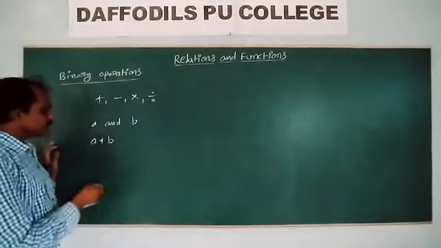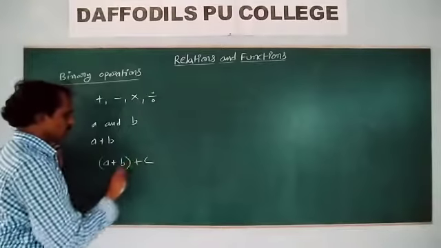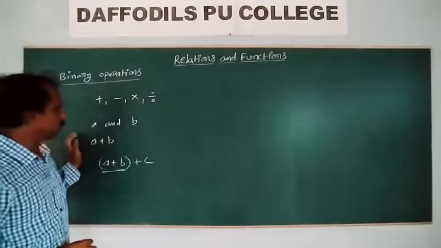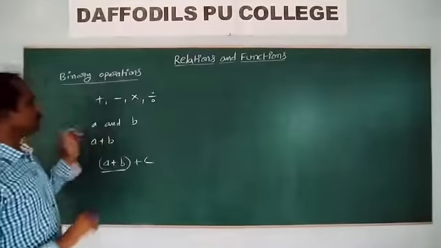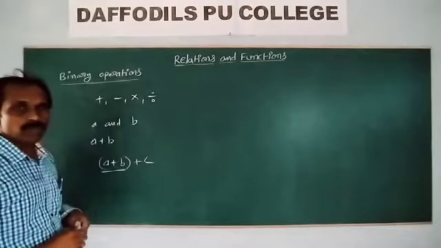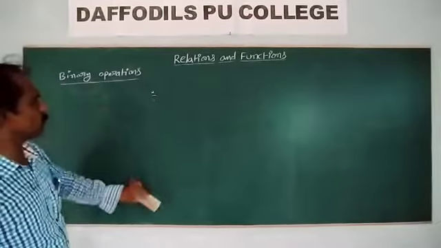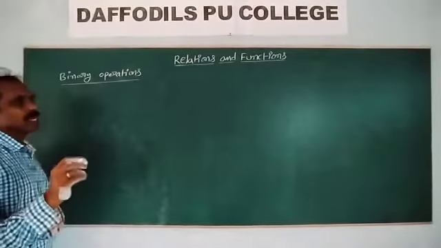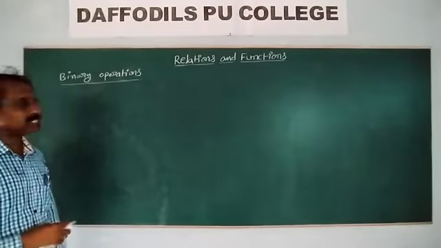Suppose we want three numbers, A plus B plus C. First add these two and next add the third number. Clear? So this is like a binary operator. Binary means two numbers. Between the two numbers we apply this operation. So simply, the binary operation is what? A function, an operation for two numbers from the set.